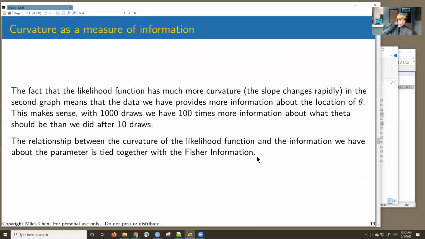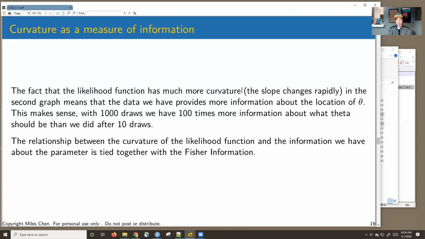The fact that the likelihood function has much more curvature, that the slope changes rapidly in the second graph, means that the data we have provides a lot more information about the location of theta. That makes intuitive sense because with 1,000 draws, we have basically 100 times more information about what theta should be than when we had only 10 draws from the pouch.